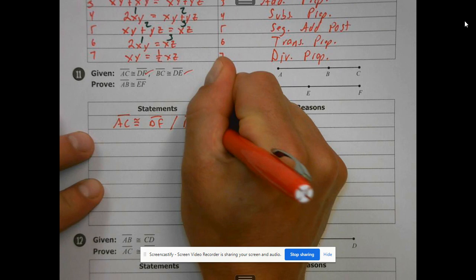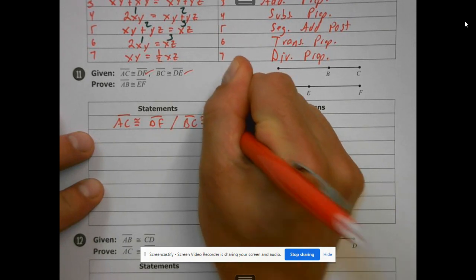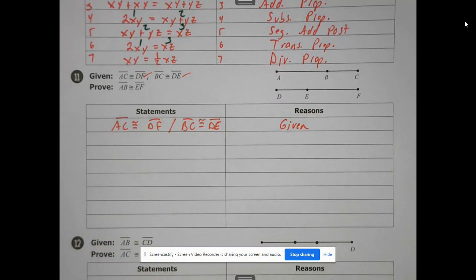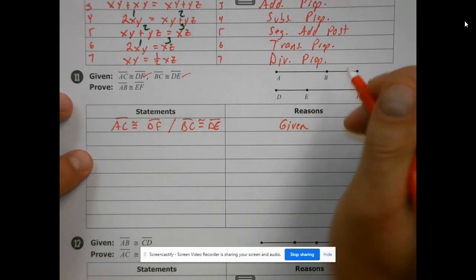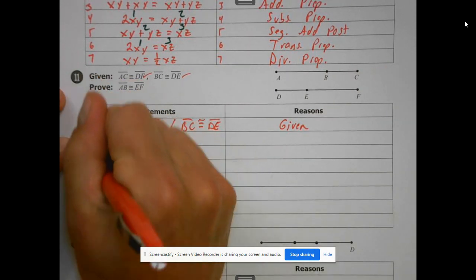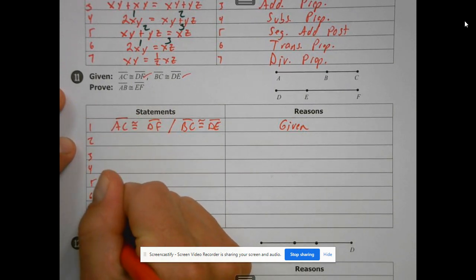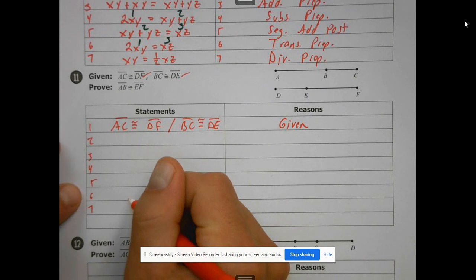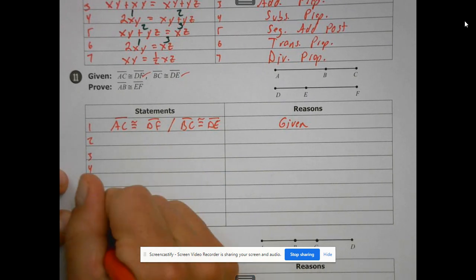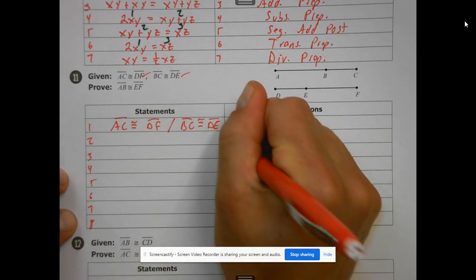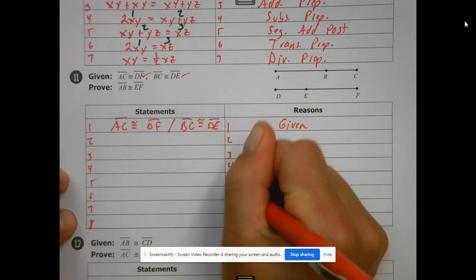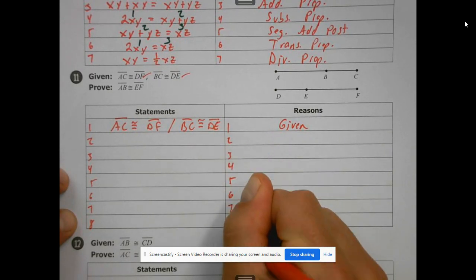BC congruent to DE. There we go. Both in there. All right, let's label these 1, 2, 3, 4, 5, 6, 7, and 8.